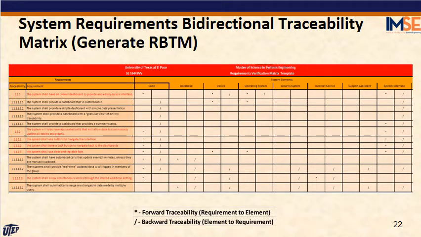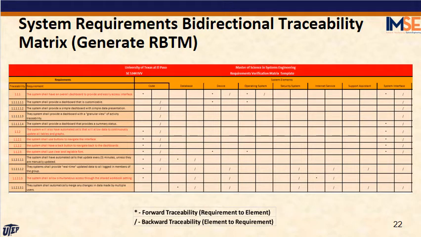The next one is the system requirement bidirectional traceability matrix, and basically it is to ensure that all the elements that we include in our system are related to one of the requirements. For example, we have the requirement number 1 that is easy access interface. So the system element necessary to perform this requirement is the code.